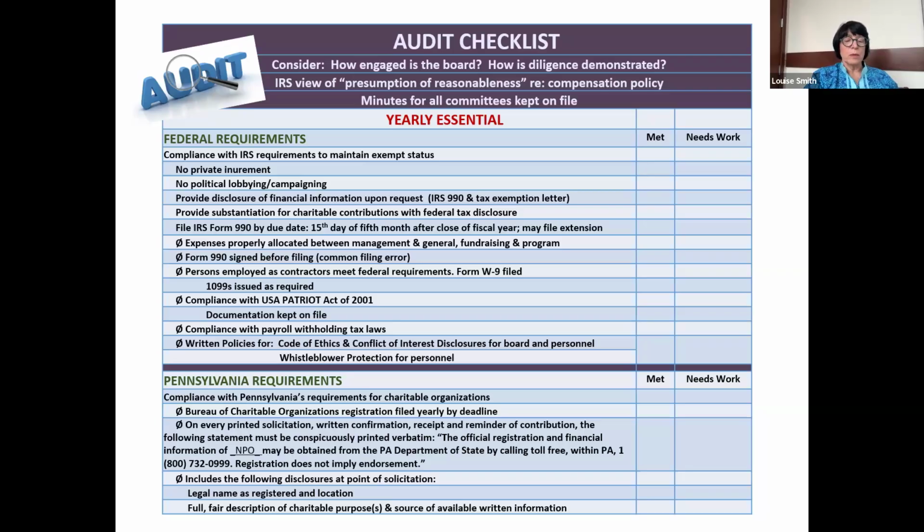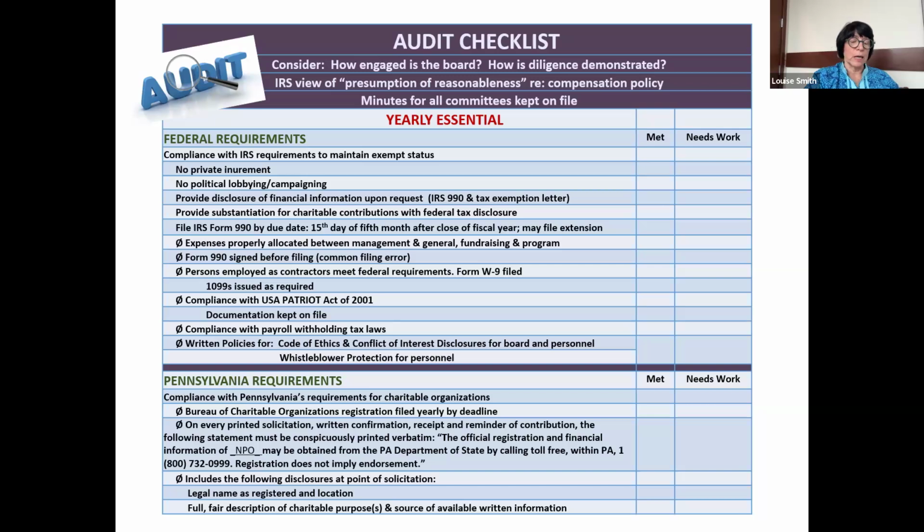And we'll highlight these things here. So under the federal requirements, there's a list of things that you would do to make sure you are in compliance with the IRS requirements for a nonprofit to keep its exempt status.